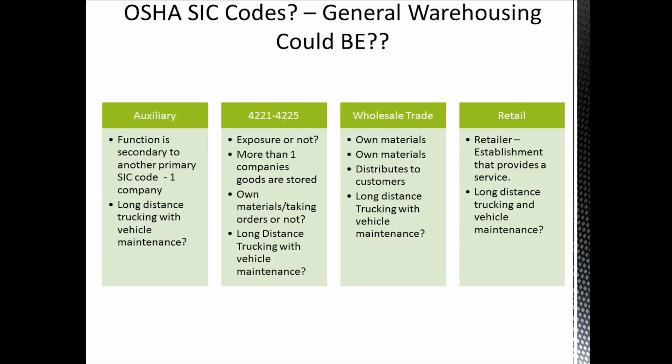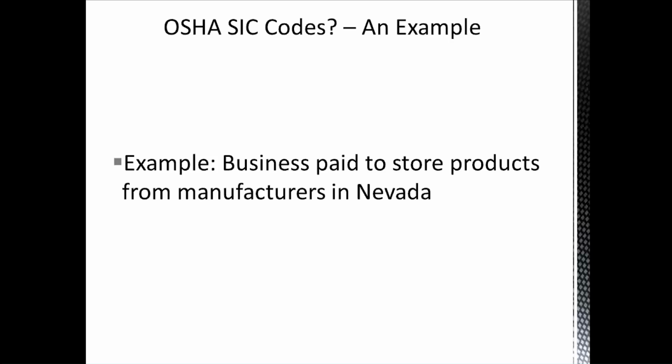They're not being paid to store other people's materials. So they're not considered a storage or general warehousing and storage company. That is considered auxiliary warehousing to their primary activity, which goes into the auxiliary bucket on this slide. So that's kind of an example.